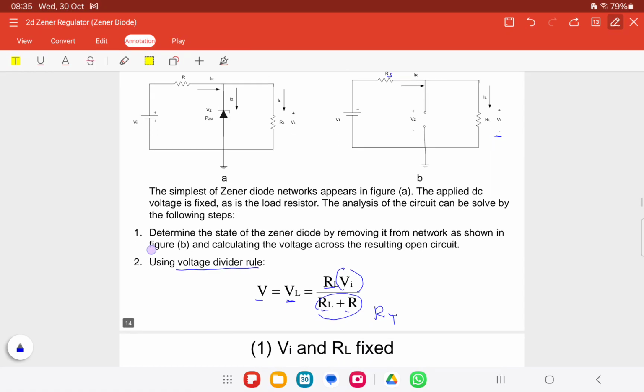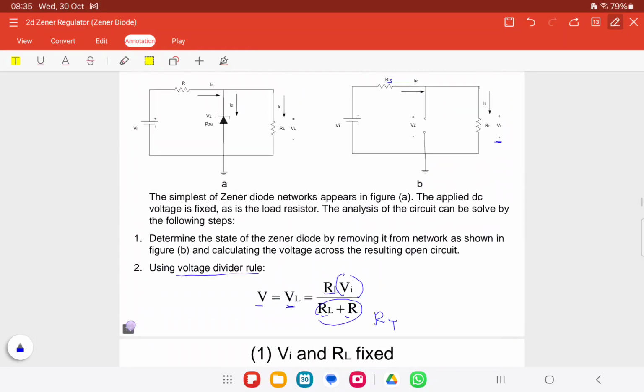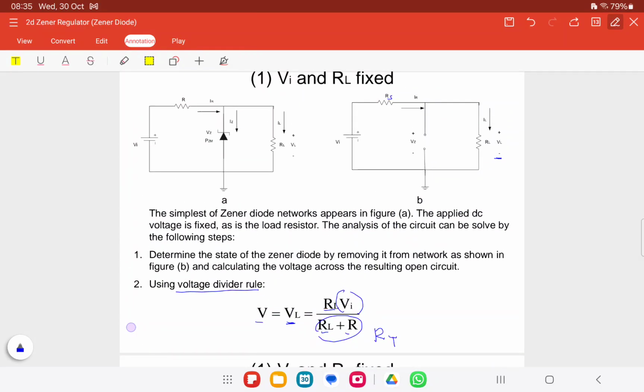Okay, then once we have the voltage at the load, what do we do next? Normally in the Zener diode, this value will be given, VZ and PZM. If they don't give PZM, it doesn't matter much, the important one is VZ.